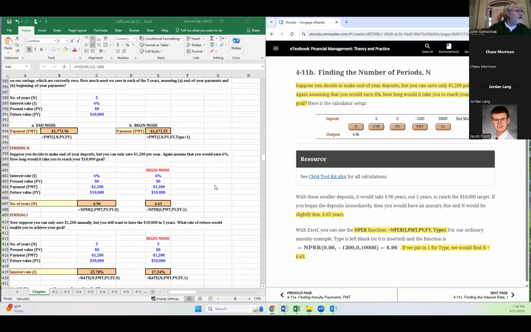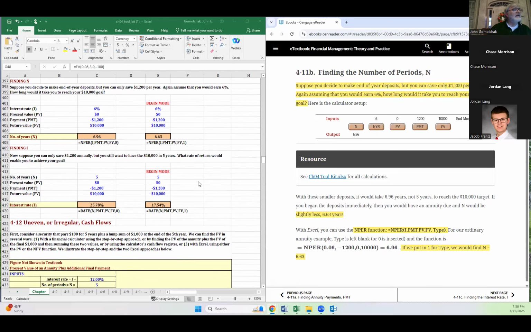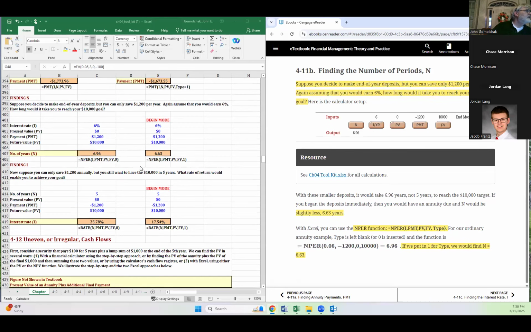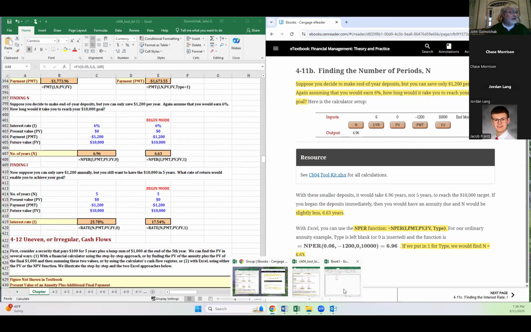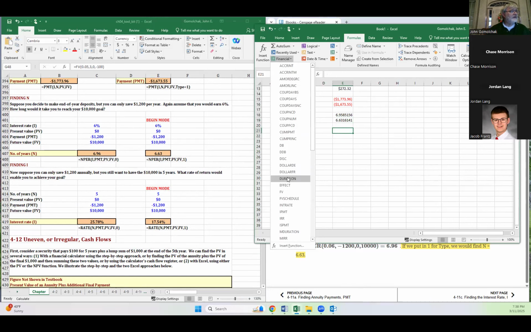Finding the number of periods. We did interest factor. Number of periods. They don't give it to us over here. Finding N. Oh, here it is. Okay. So bring up the handy dandy. It's going to be an NPER that we're looking for.